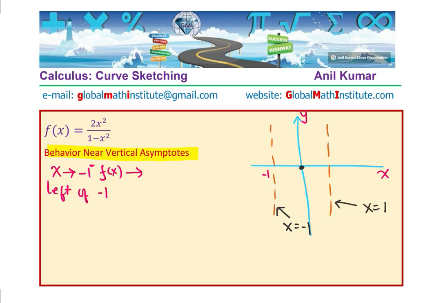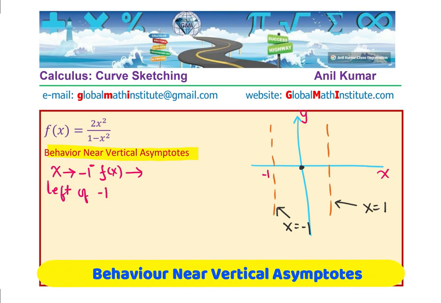You get the idea? So when x is approaching from the left side, what you can do is place a value here and calculate. So if I put f of, let us say, a value which is on the left of -1, say -1.1, then what do I get?